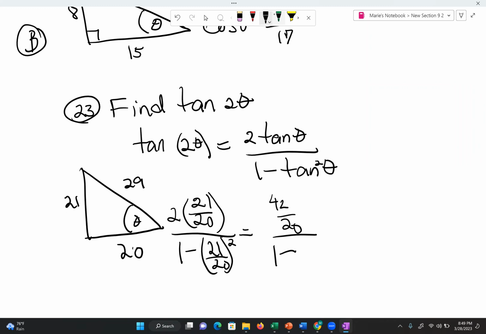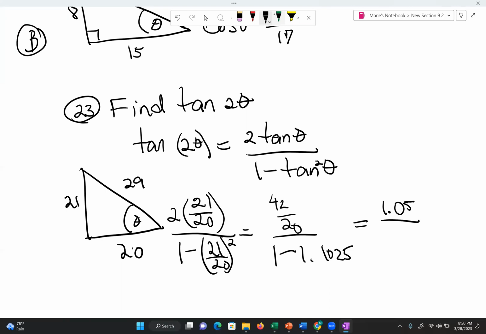Which gives us a value of, I'm getting a strange answer. I'm getting 1.1025. So what is this reduced to? Looks like if I do 21 divided by 20, so taking it step by step, the top part is 1.05.